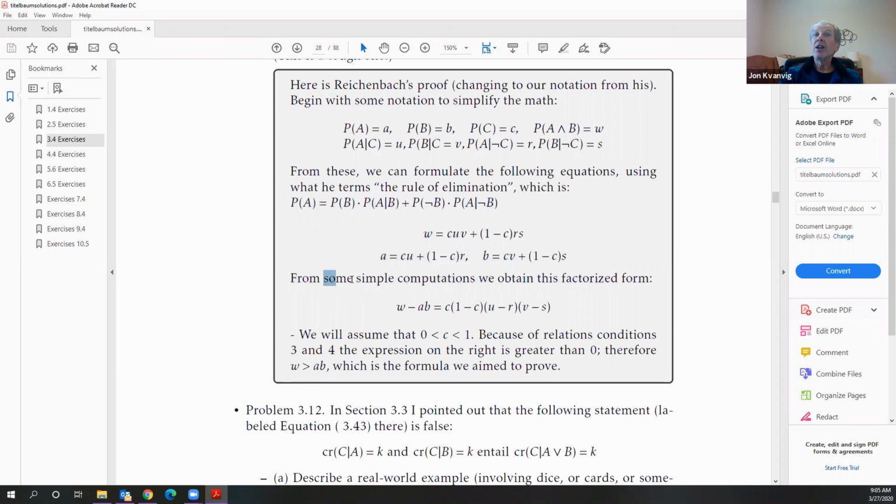And then you have to be able to do some simple algebraic factoring to get to this formula. And once you do that, then you can see that W minus AB is going to be a positive number. Okay, so enough of that one. That really was a hard problem.